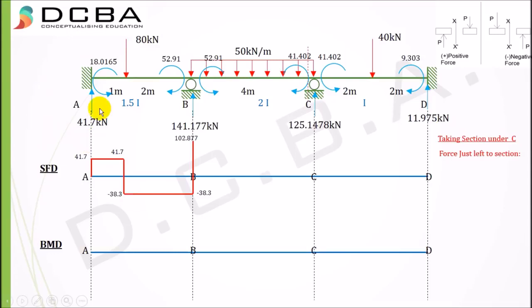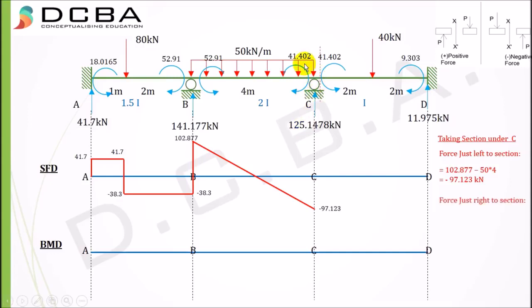Then we consider our section just under C, taking the section just to the left of it and considering the left part of the beam. The equation will be plus 41.7 minus 80 plus 144.177 and minus 50 into 4, because this UDL will be included here and it is acting downwards, so it gives me minus 97.123 kilonewton. So we'll plot minus 97.123.